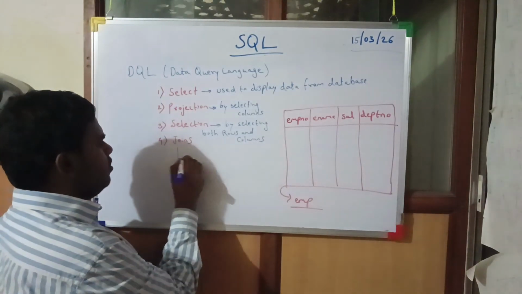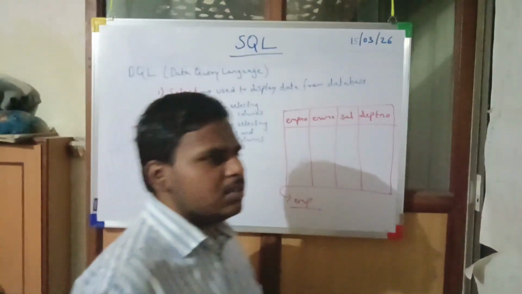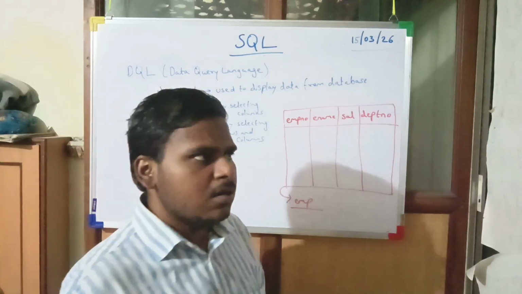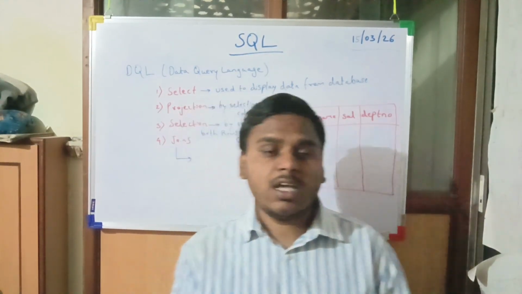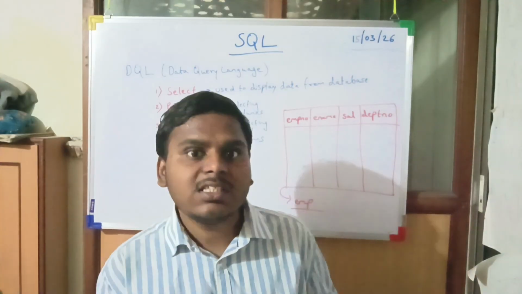Then what are joins, sir? Joins are used to display the data from multiple tables. In the EF Codd rule I said that data is stored in multiple tables, not only a single table.